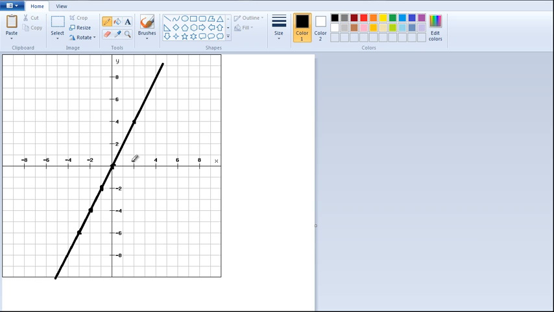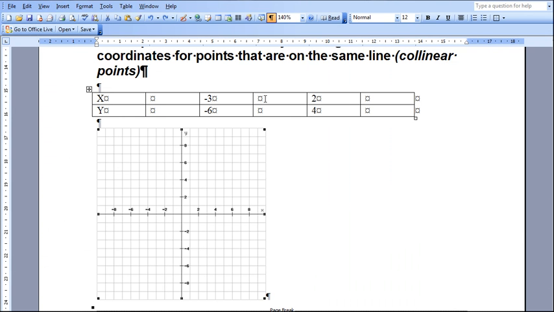That's another point. It will go through 1, 2, which is this point. We can just keep going like this. We can get as many points as we like. And when we plot these points, we can just find the coordinates and fill in. We only need 3 more points in the table.